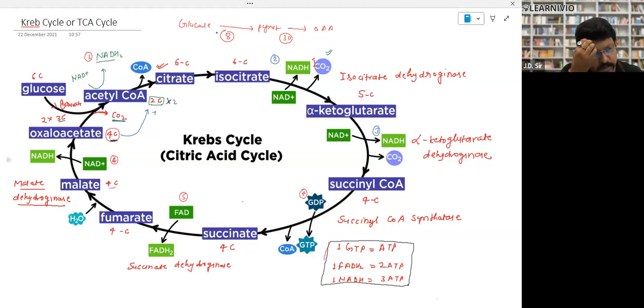So write it down. What is the TCA cycle? Put the heading Krebs cycle or TCA cycle.